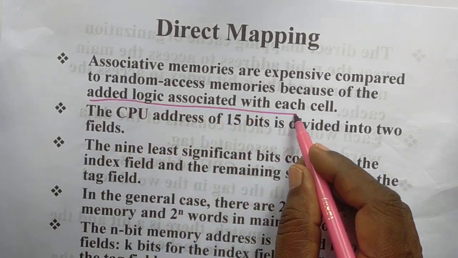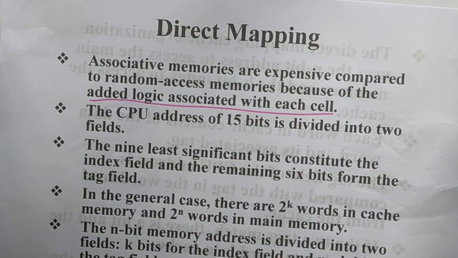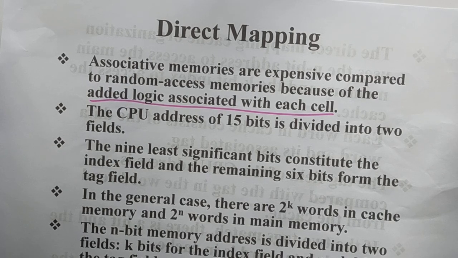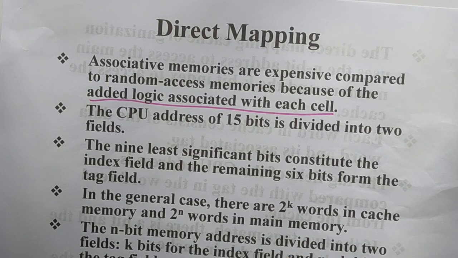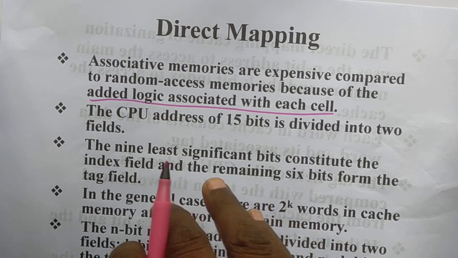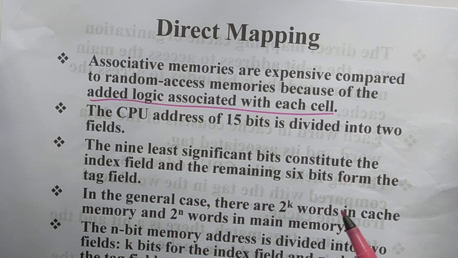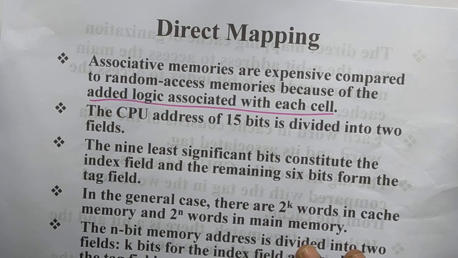Because last time I have already discussed associative memory, how it is designed. When different cells are created for associative memory, it is more expensive. That is a disadvantage. In a random access memory, it will store the data cell-wise, and whenever you create a cell, logic circuits are required to create that cell where the data needs to be stored.